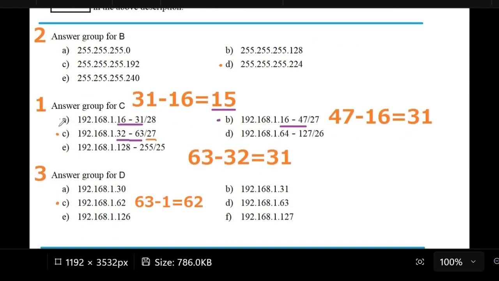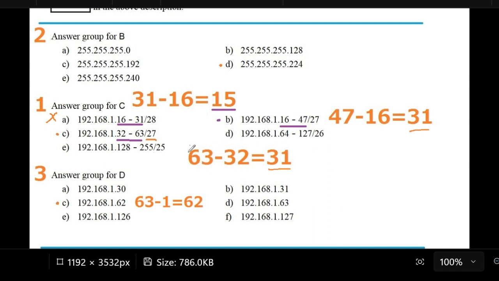So letter A is not correct. And then I had to choose between letter B or letter C because the other ones are definitely more than what we would need. Letter B and letter C have 31 IP addresses. And I think that should be sufficient for the 25 that I counted a while ago.